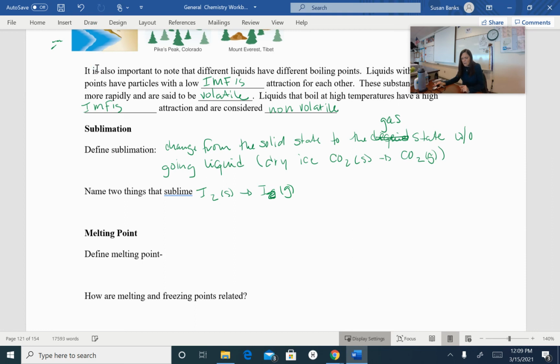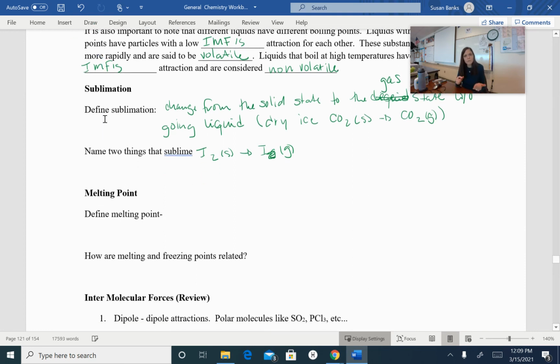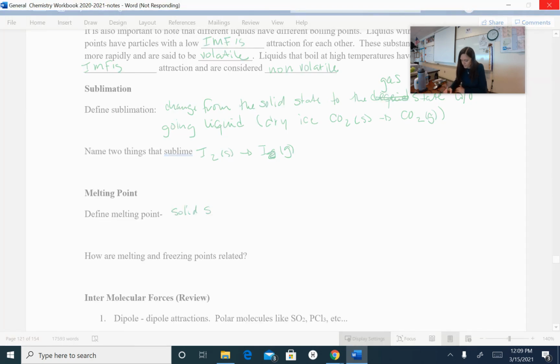Melting point is where we go from the solid state to the liquid state, so from the solid phase to the liquid phase. And yes, my computer is freezing.